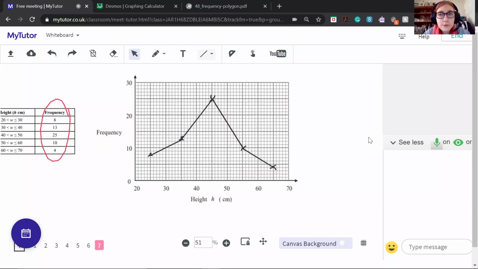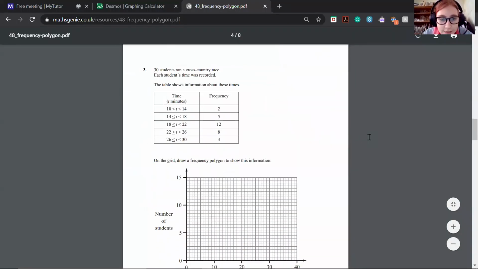And they're super, super useful because we can tell a lot of information about them. For example, looking at a table of data doesn't really tell us anything, but when we look at this, we can see, oh look, loads of plants fall into this middle bracket, and then there aren't as many here at the ends. So one really useful thing that we can do is compare different pieces of information.